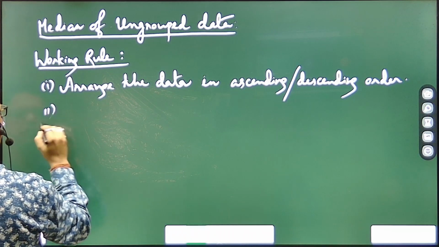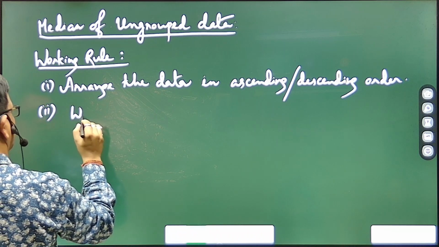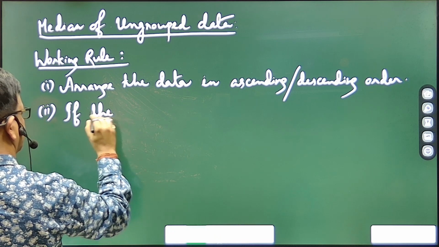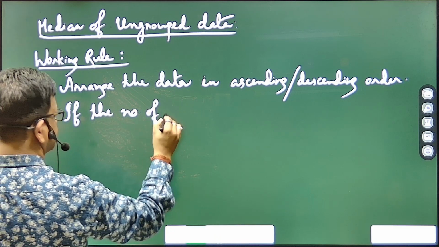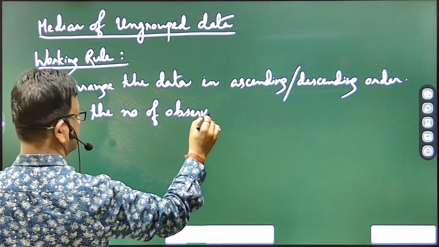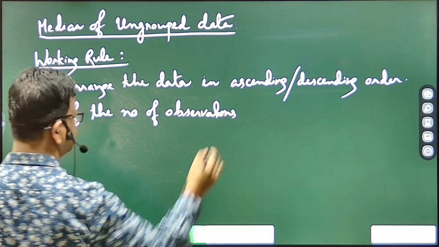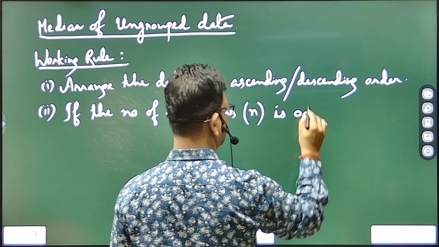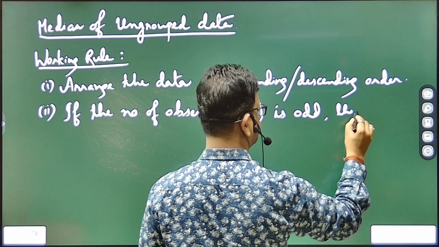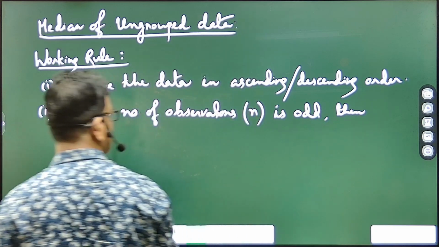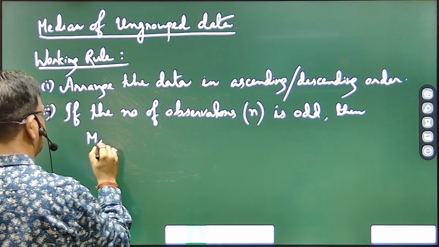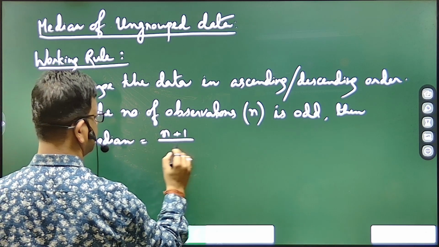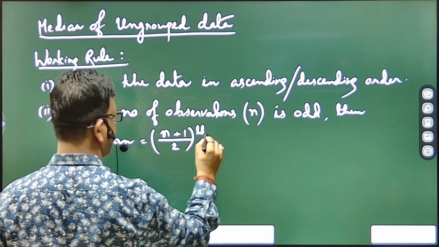Number 2, if the number of observations n, suppose, is odd, then median is (n plus 1) by 2 th observation.